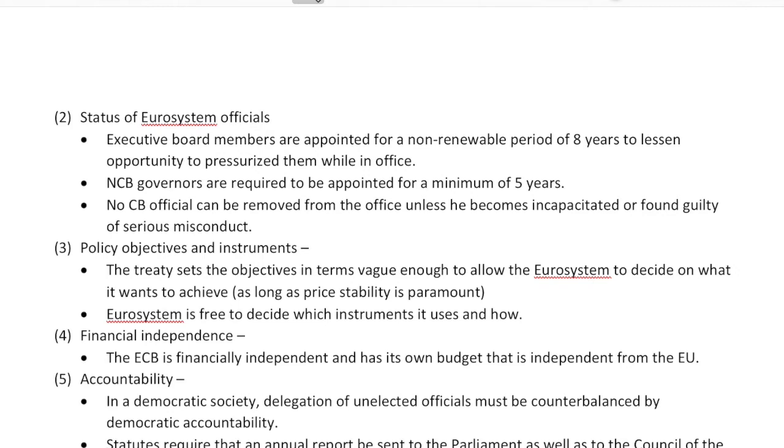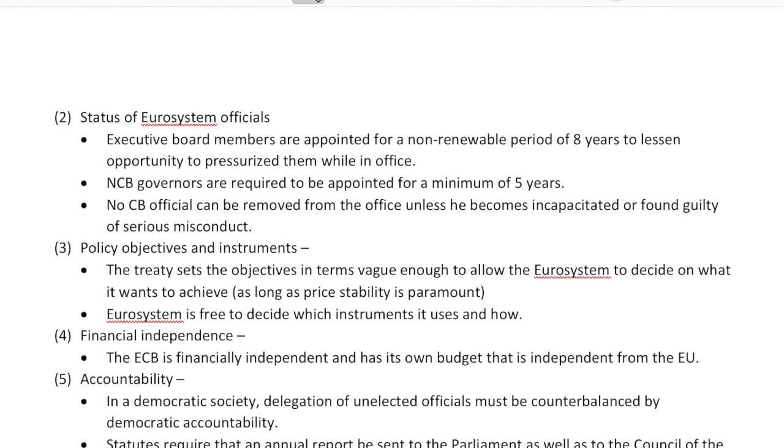But on the other hand, you also don't want people to be able to predict how the central bank will respond to a crisis. Because as we have seen in the past, there's money to be made by having beforehand knowledge of how a central bank responds.